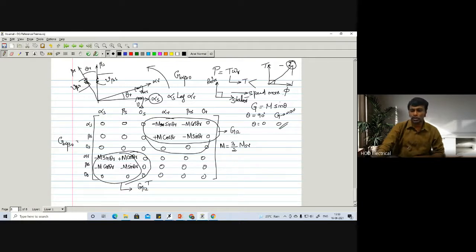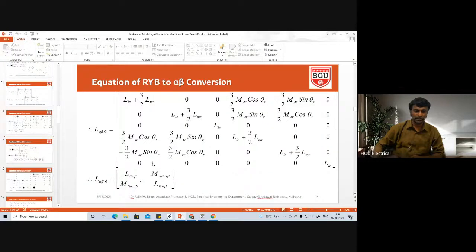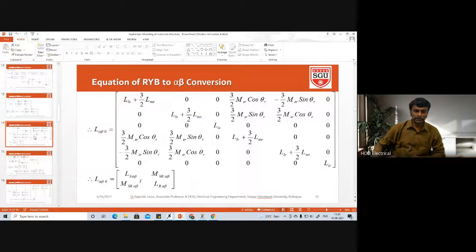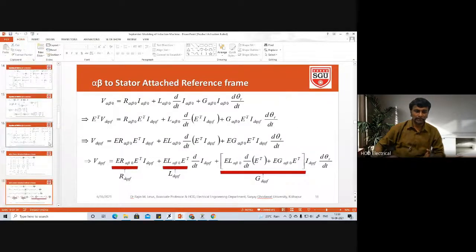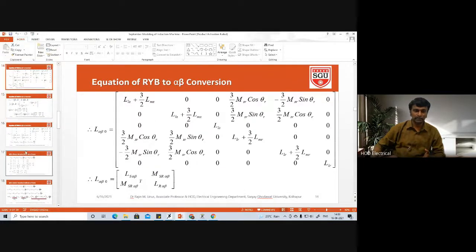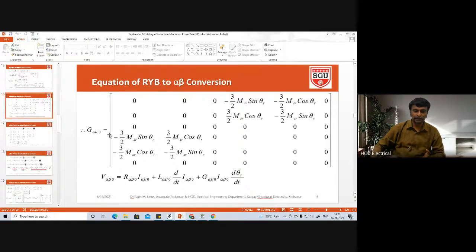So you should know what is m. M is already defined as 3 by 2 into MSR. So we have written this equation here, this speed EMF term. Then in this case we can write the inductance we have derived, then the speed EMF term, the inductance matrix, and finally end up with the speed EMF G alpha naught.